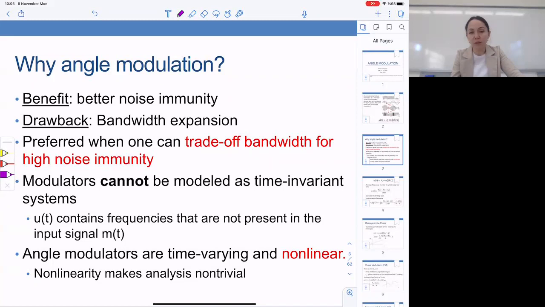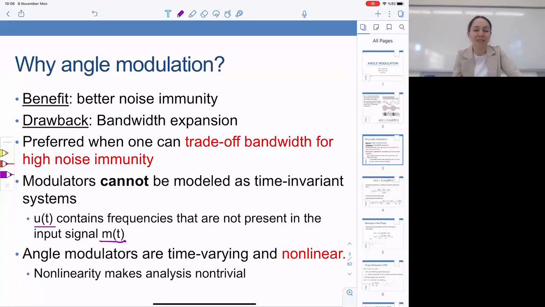Now, the difficulty in the analysis comes in because angle modulators cannot be modeled as time invariant systems. For the simple reason that u of t, as you saw in the previous slide, contains frequencies that are not present in the input signal m of t. You know an LTI system very well.